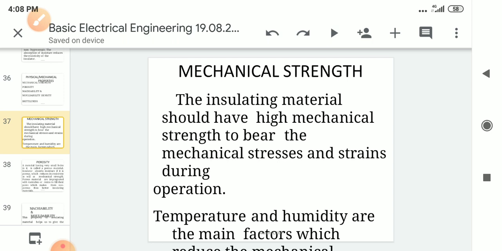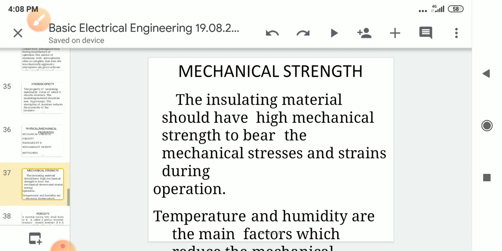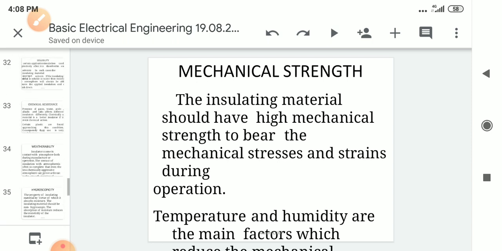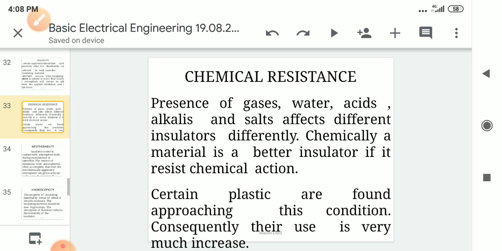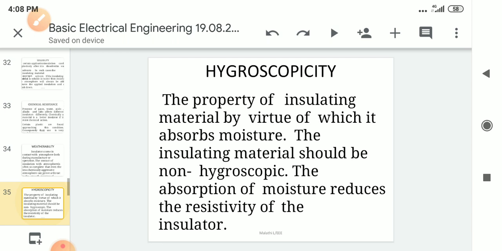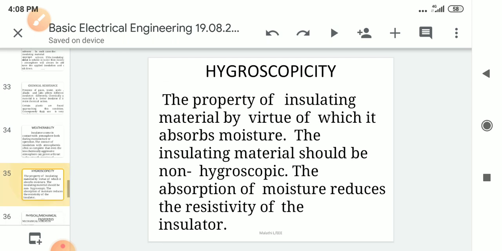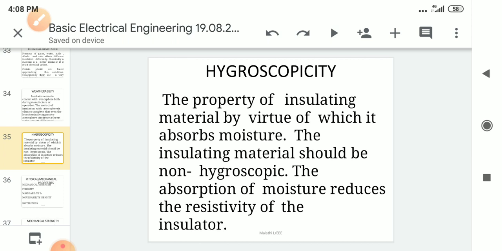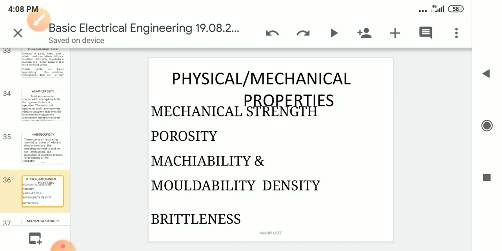After that we observed the chemical properties, that is solubility, chemical resistance, weatherability and hygroscopicity. After these chemical properties, we moved to physical properties or mechanical properties. In these mechanical properties, we observed mechanical strength, porosity, density, moldability and brittleness.